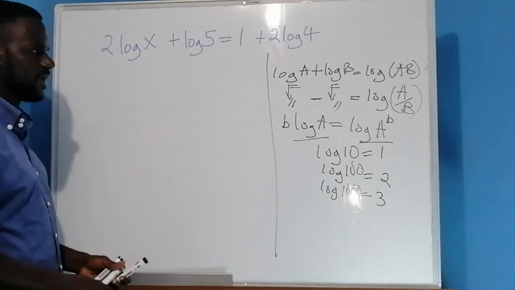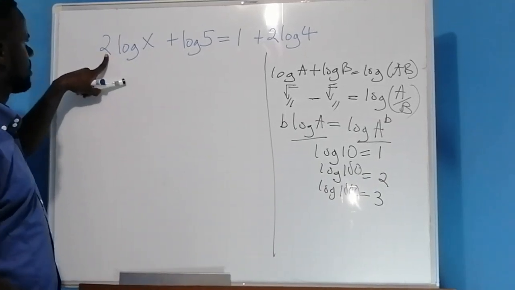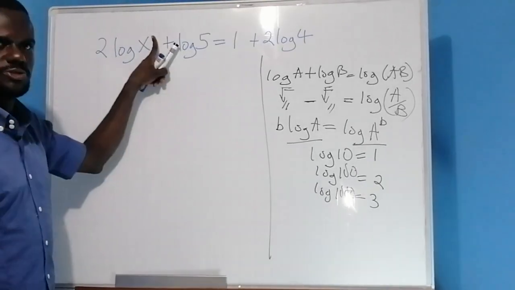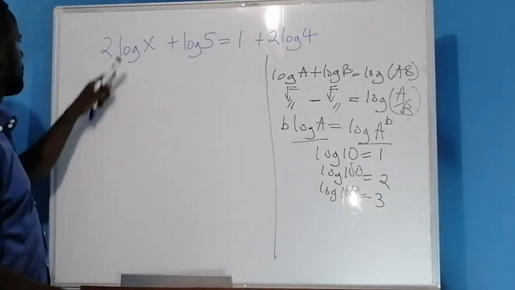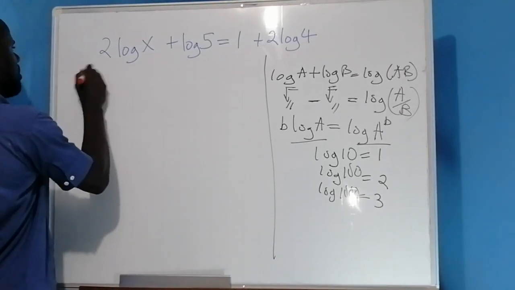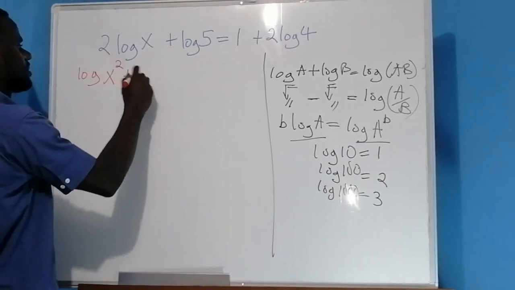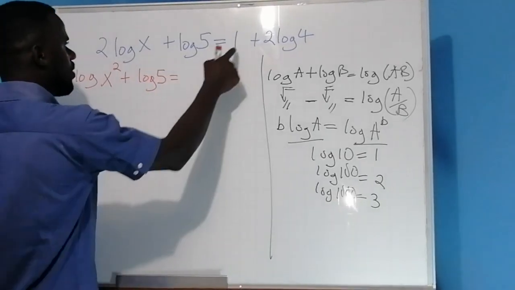The first step will be to make sure that this coefficient is placed back to what? To being the power. And here is how you're going to solve that question. We'll have now the log of x raised to power 2 plus the log of 5 equivalent to now 1.